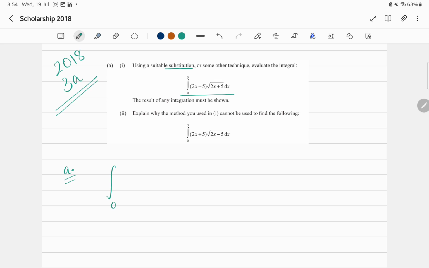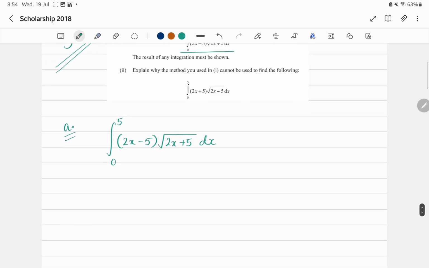It says 0 to 5, 2x minus 5, and then you have the square root of 2x plus 5, dx. When we substitute, we will see what we can substitute.